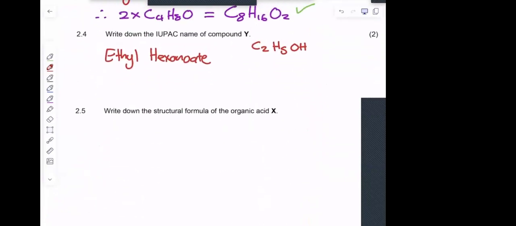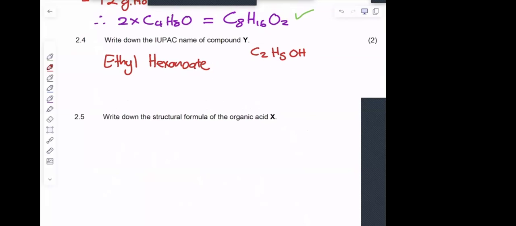Okay. Then 2.5 says write down the structural formula for the organic acid X. That should be a nice, easy one. Write down the structural formula for the organic acid X. Remember, we had ethyl hexanoate, so we know we're going to have hexanoic acid, right? So hexanoic acid is the name. They wanted the structural formula.